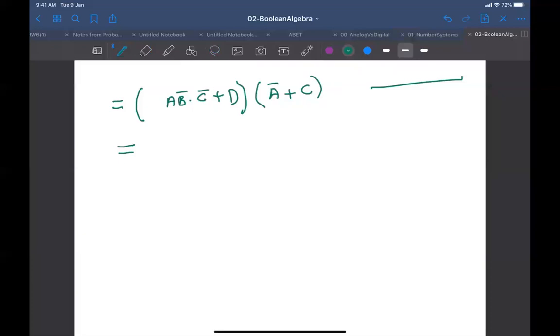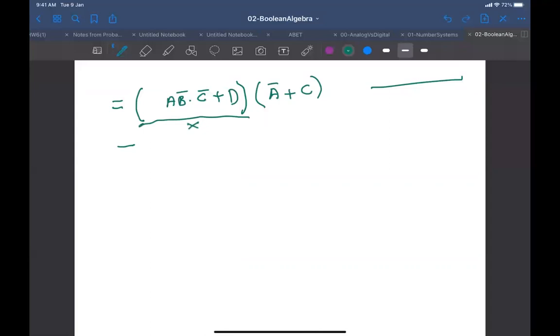So if this whole thing is, let's say, X here, I will multiply the X into this and then into this, and OR the two things. Let me make it simpler, and choose my X to be this one here instead.